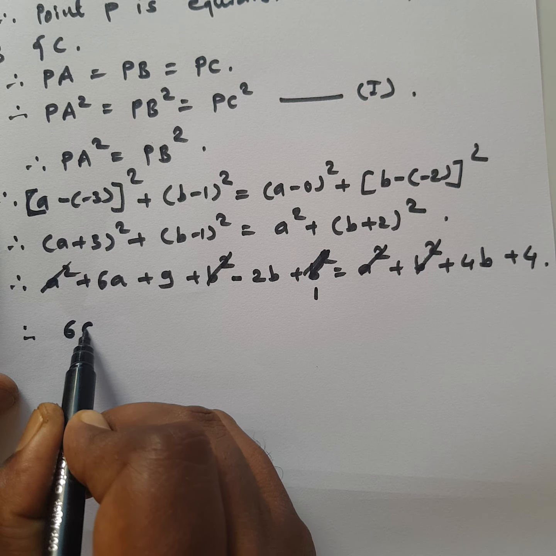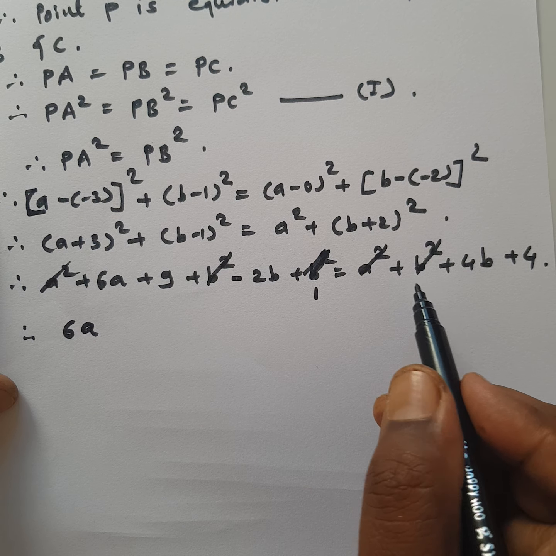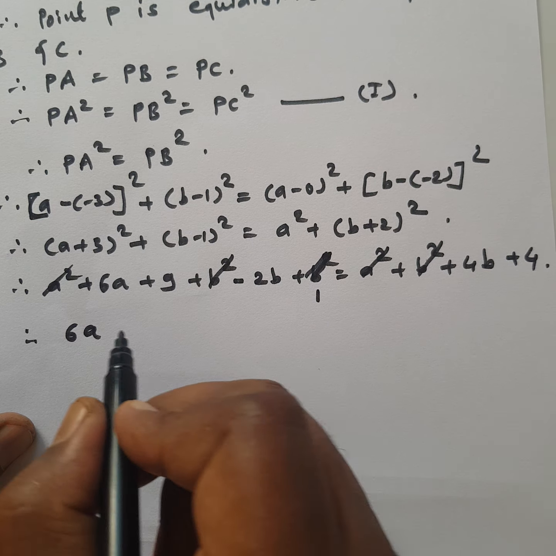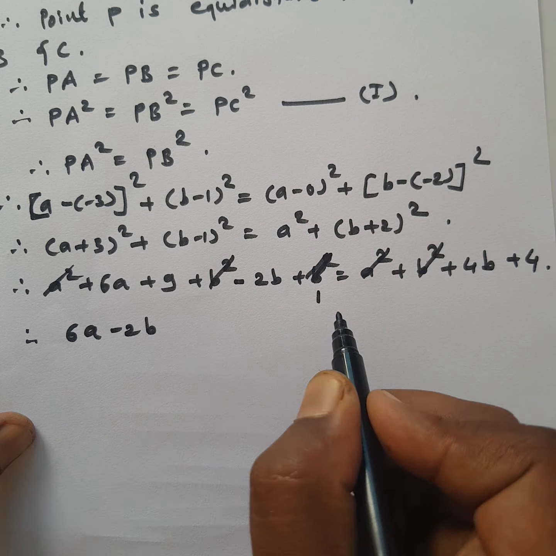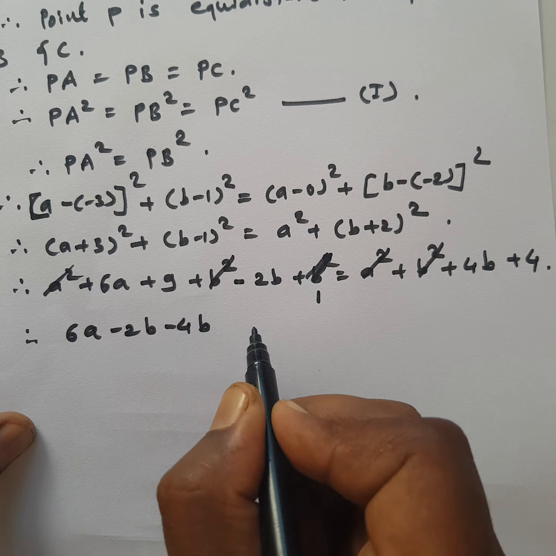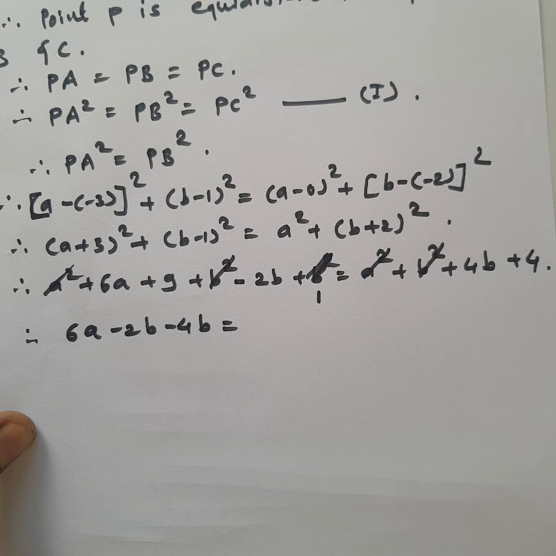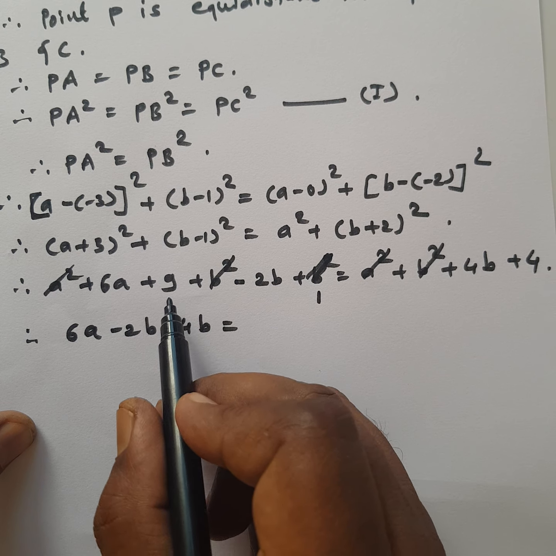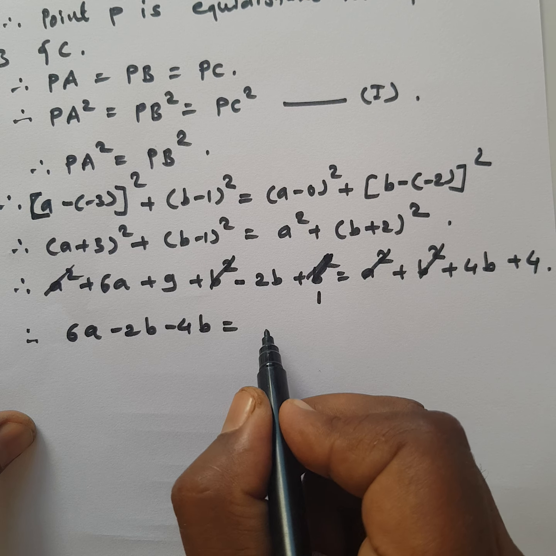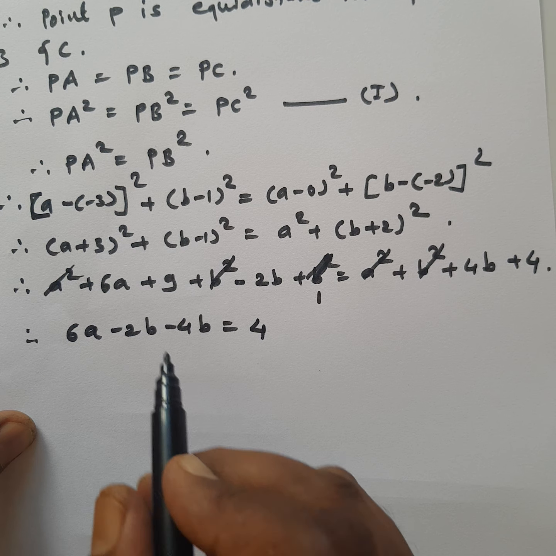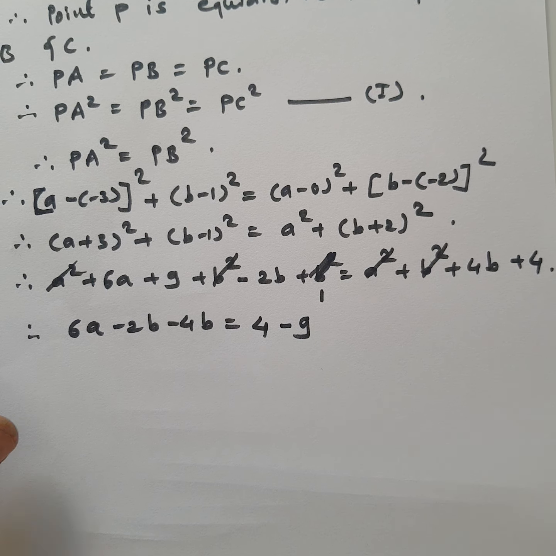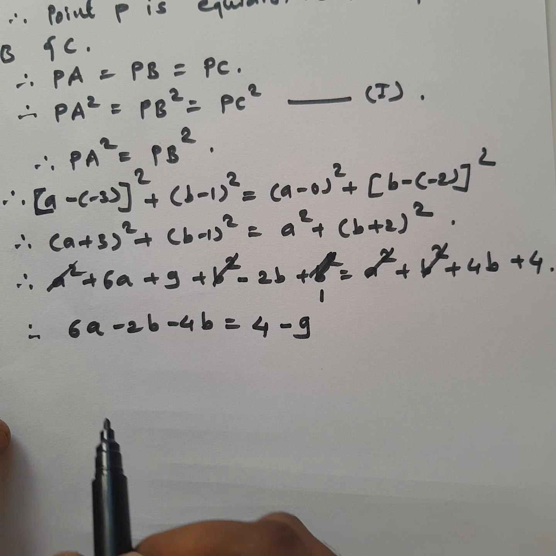Therefore, 6a, we will take the terms from the left hand side to the right hand side: 6a minus 2b minus 4b, and the numbers towards the right hand side. Here 4 is already there, and by changing the side of 9 it will be minus 9.